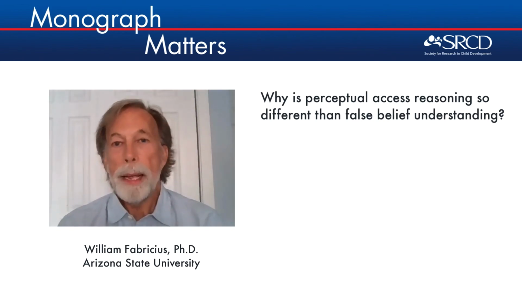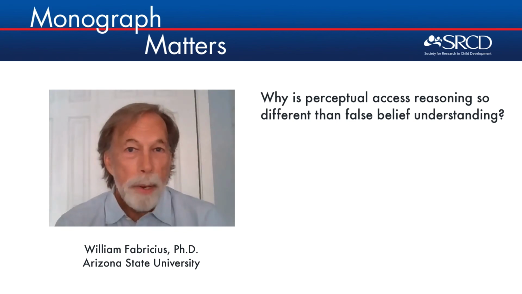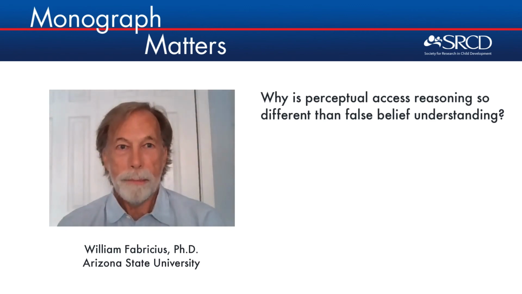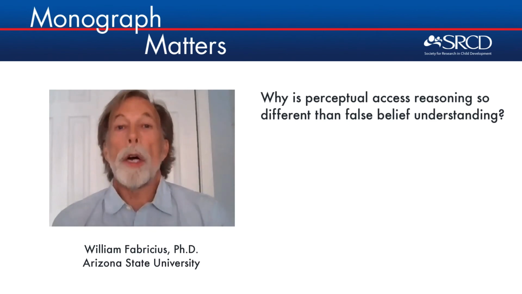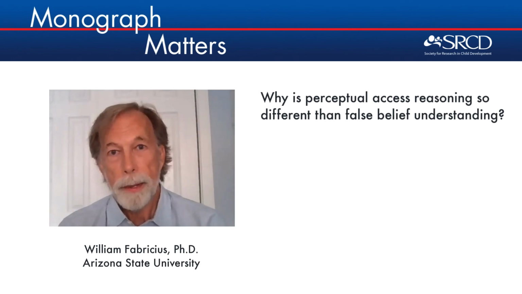But simply making the story character leave the situation and come back pretty immediately disrupts perceptual access reasoning, in the sense that now the 4 or 5-year-old starts all over again and reasons about the current situation and what the person can now see or not see in the current situation.